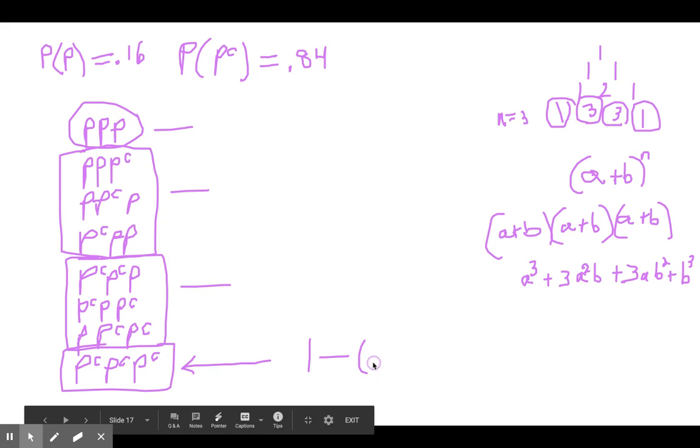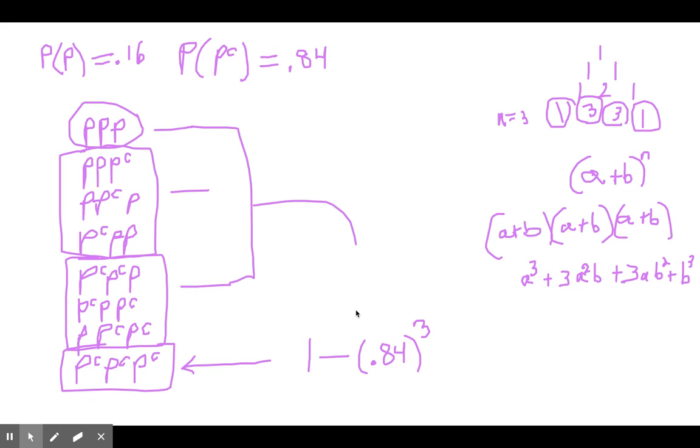So I'm going to do 1 minus the 0.84 cubed to get my answer. So this little instance at the bottom is the 0.84 cubed. If I take 1 minus that, I'm going to get the probability of all of this together, right? All of this together would be 1 minus.